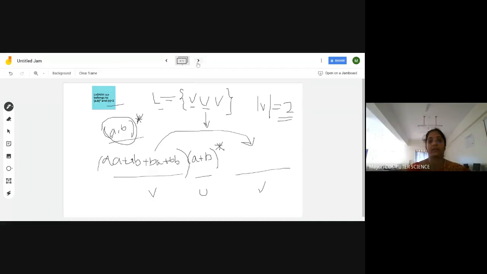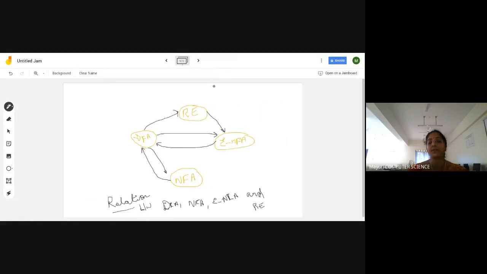Fine. Next. Especially with respect to automata, you have to put effort. You have to put your pen down and then solve, or else you will have a lot of doubts once you sit in the examination hall. So here, the next session is on the relationship between DFA, NFA, epsilon NFA, and regular expression. In the last module itself we have constructed, right? A DFA from an epsilon NFA.